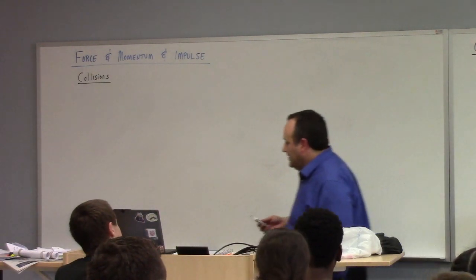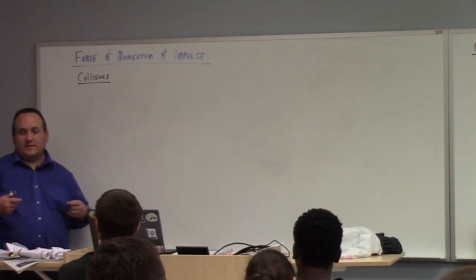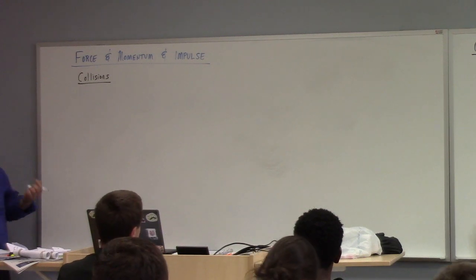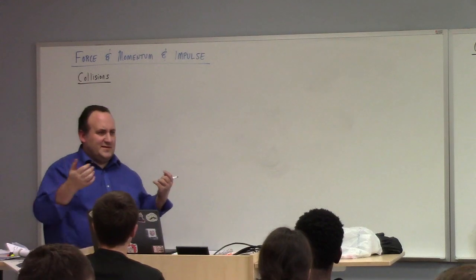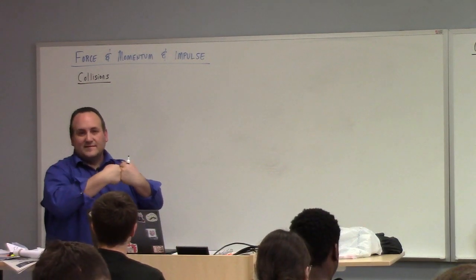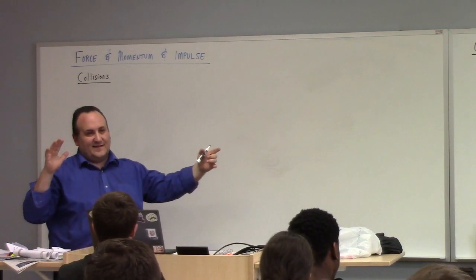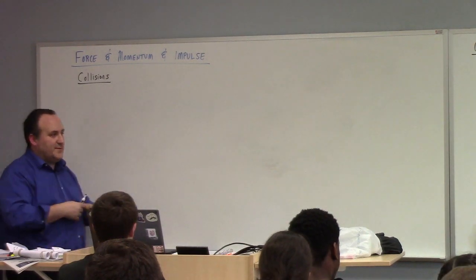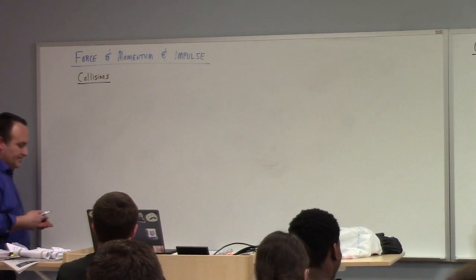A collision usually involves, for us, typically we look at collisions of two masses, but in principle you can look at collisions involving more masses, right? I think current particle accelerators have something like two masses slamming together and then thousands of masses come out, and they've got these giant things the size of this building to detect all of the different particles going all the different ways. It gets really complicated. But for us, mostly, we're just thinking about two masses hitting each other.